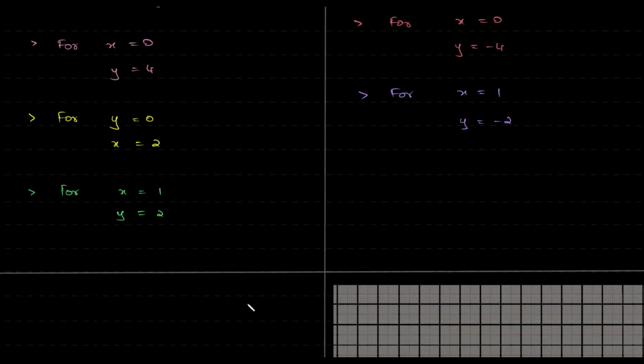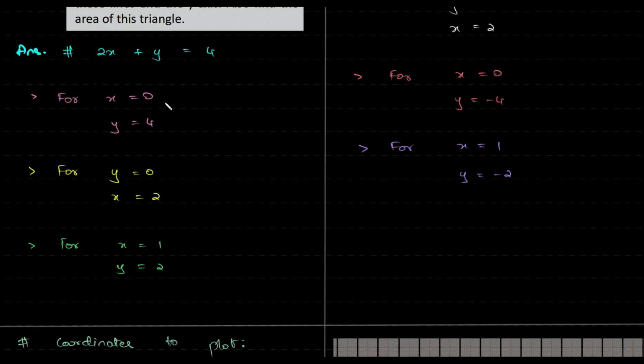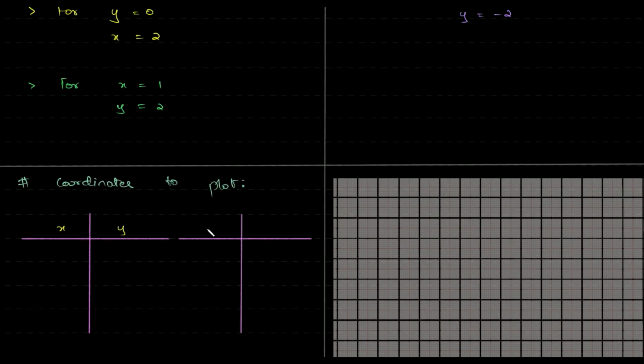And now we will have to tabulate the coordinates to plot. So we clearly have two equations, is it not? Equation 1 and equation 2. Equation 1 is this, and the coordinates are: x and y, 0 and 4, this is for equation 1.